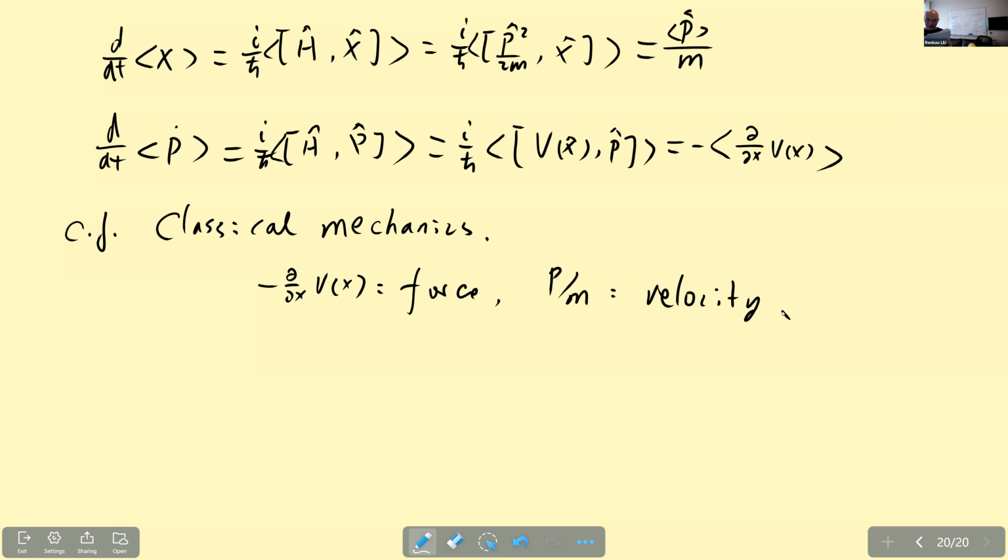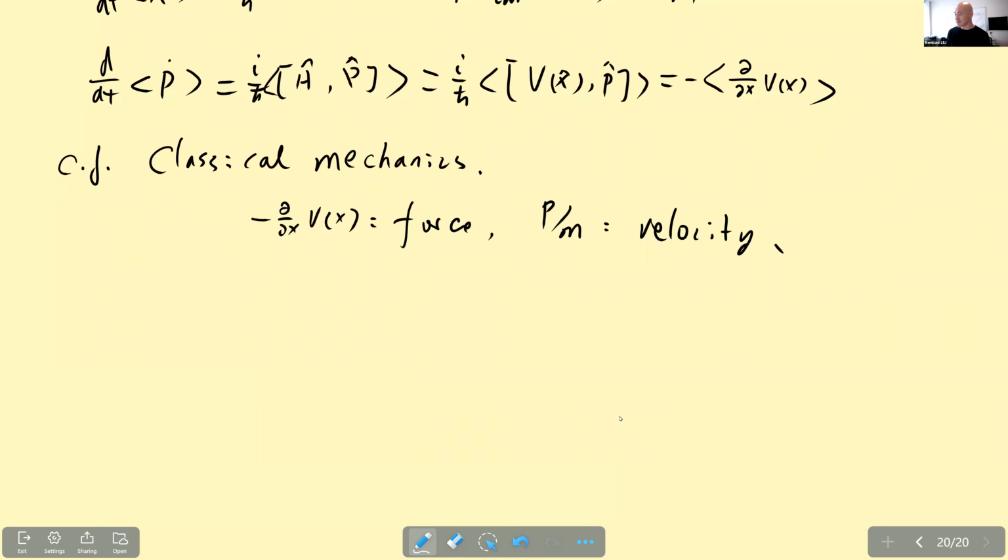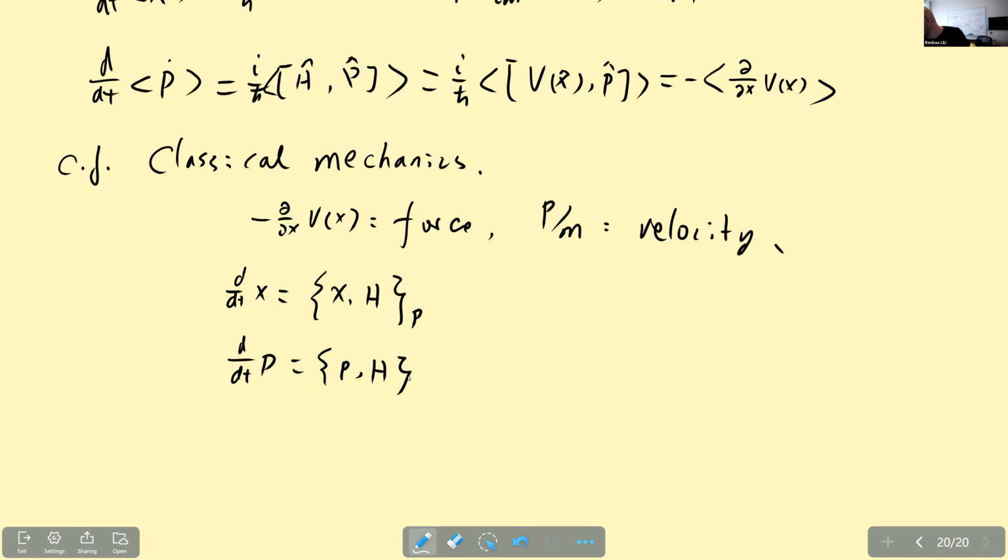So this looks very much like classical mechanics. Actually, in classical mechanics, you have d over dt of x equals x and the Hamiltonian Poisson bracket, and d over dt of the momentum equals the momentum and the Hamiltonian Poisson bracket. So it looks very similar to classical mechanics.